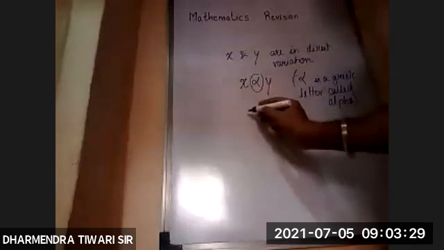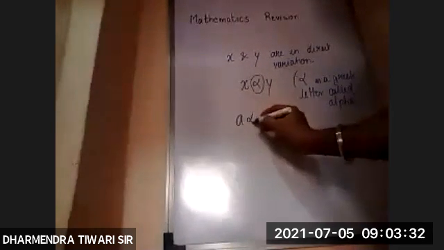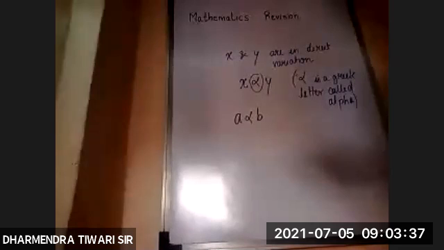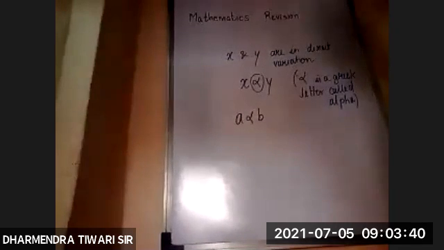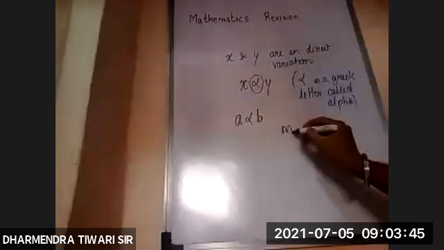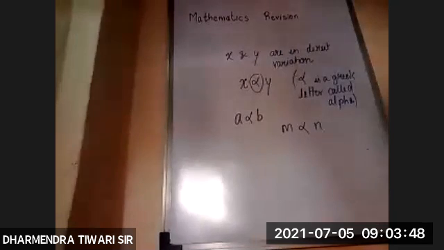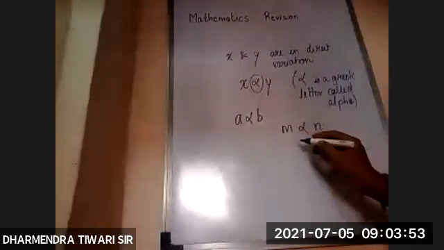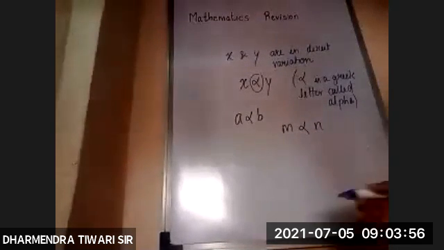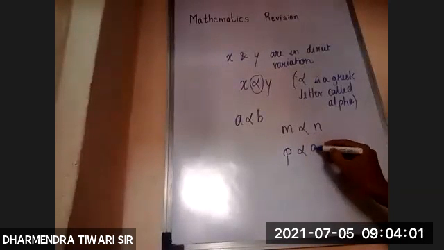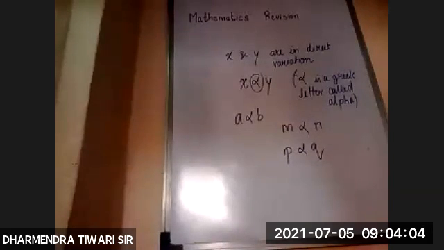If A and B are in direct variation, I'll be writing A directly proportional to B. If I'm saying M is in direct variation to N, or M and N are in direct variation, I'll be writing M alpha N. If P is in direct variation with Q, I'll be writing P alpha Q. Hope you have understood how to represent direct variation.